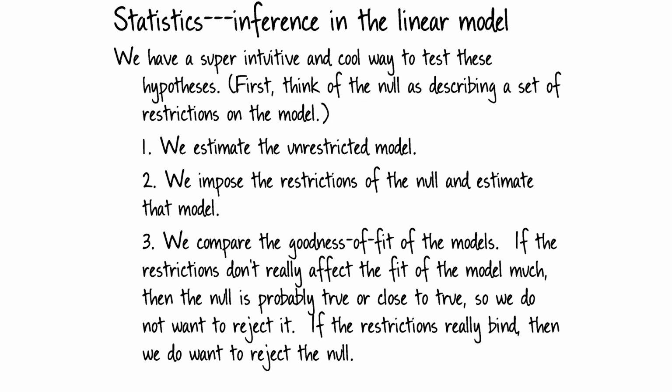If the restrictions, on the other hand, don't really bind that much, if the restricted model fits almost as well as the unrestricted model, then that tells you maybe these restrictions are true or close to true, and we don't want to reject them. Okay? So that's the whole intuition and the idea behind this test.